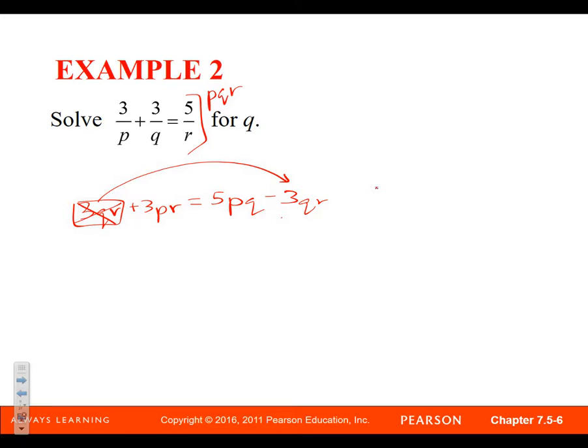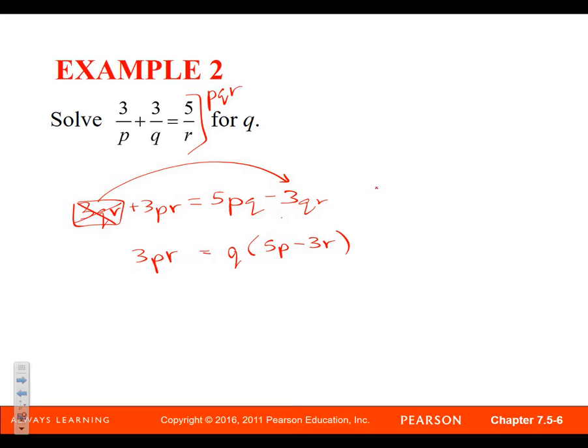Cinnamon coffee? Really? Alright, let's continue. Over on the right side, I want that Q, right? And they both have it. So I'm going to factor that out. That's going to leave me with 5P minus 3R. And then over here, that equals 3PR. See what I did there?